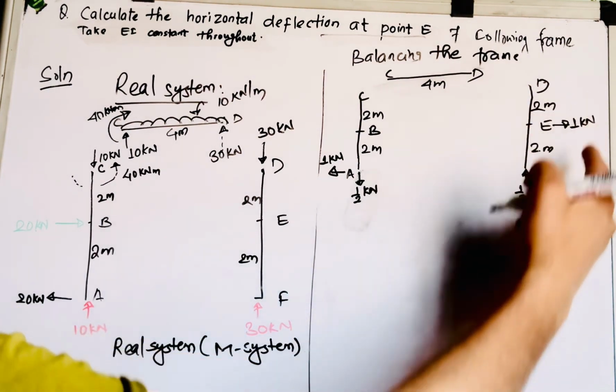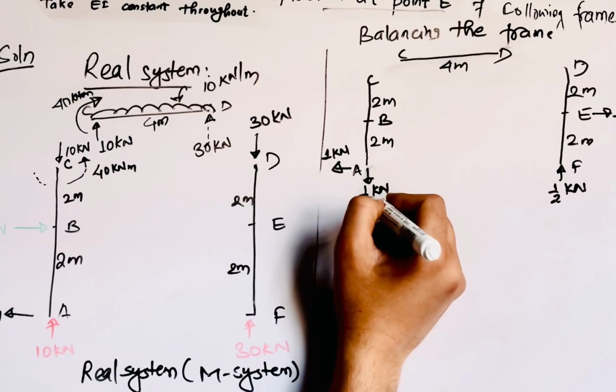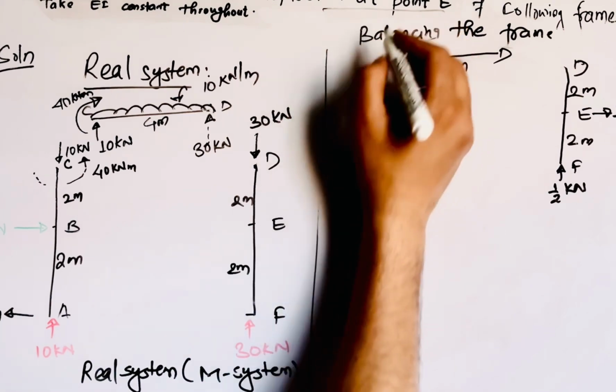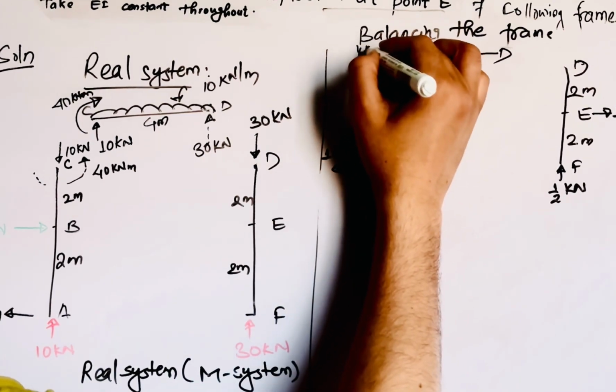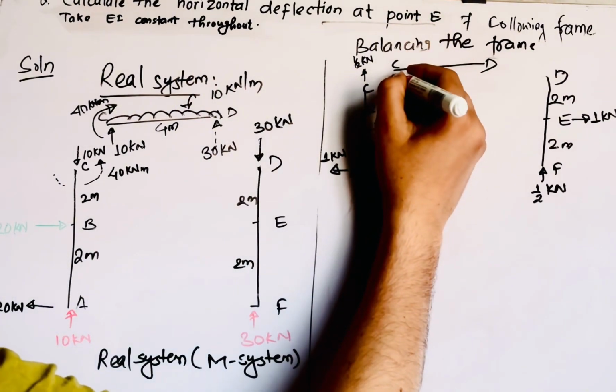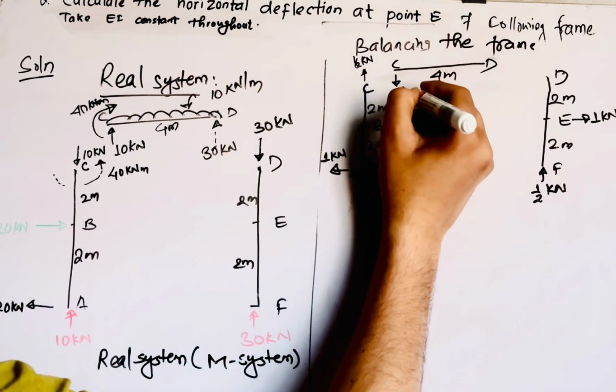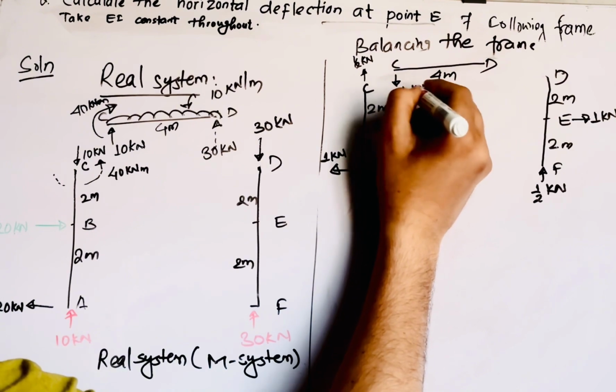Because of this 1 kilonewton the reaction force comes like this, 1/2 kilonewton acting downward. So to balance this you have to apply 1/2 kilonewton upward force. These have been added, so to compensate it there should be 1/2 kilonewton downward force.